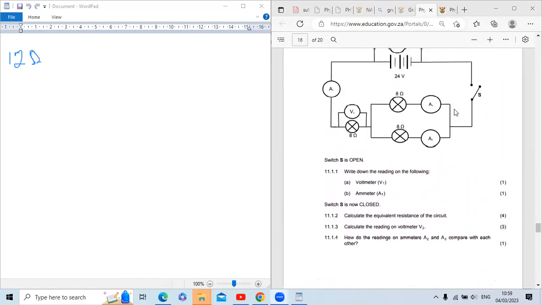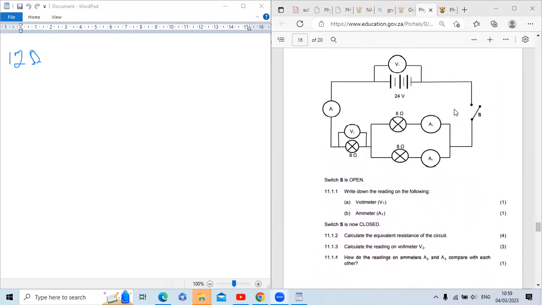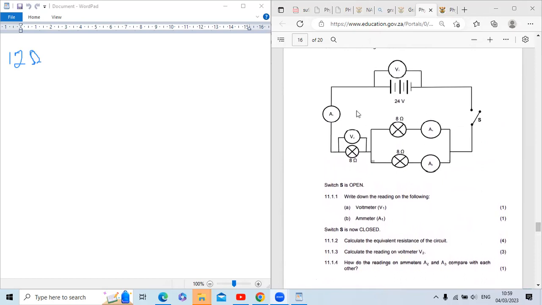So first thing we must do is go to our diagram and look at voltmeter 2. So we know that voltmeter 2 is connected to an 8 ohm resistor. So they say the switch is closed now.